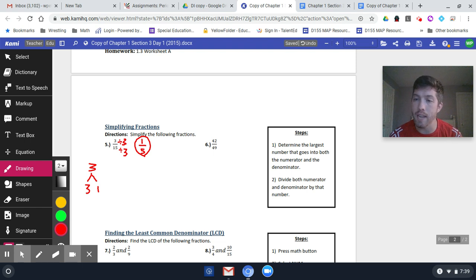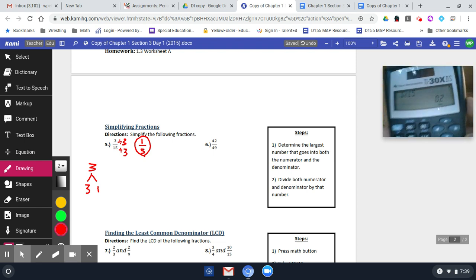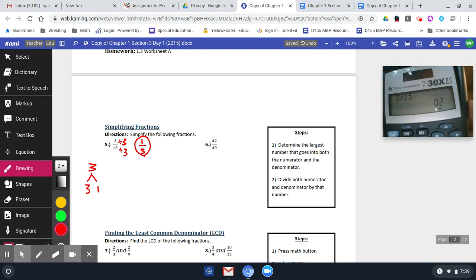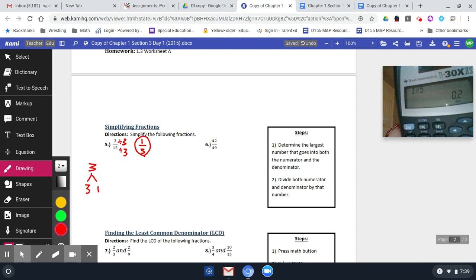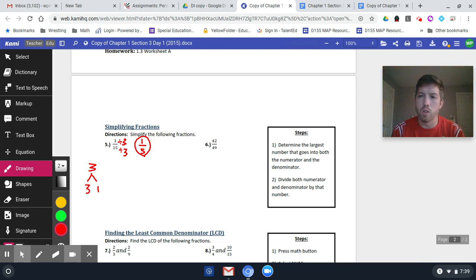If you take 3 divided by 15 in your calculator, you get 0.2. And if you take 1 divided by 5, even though it looks smaller, it also is 0.2. So it is a simplified version. It just looks more simplified, and that's what we like in math.